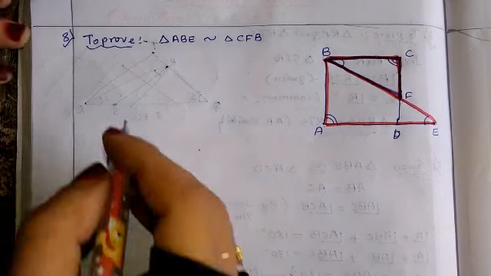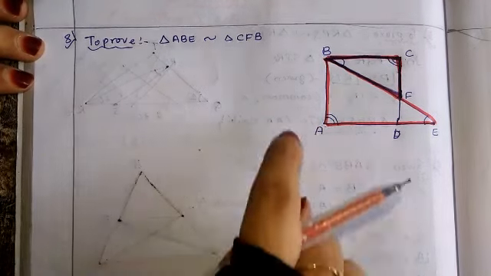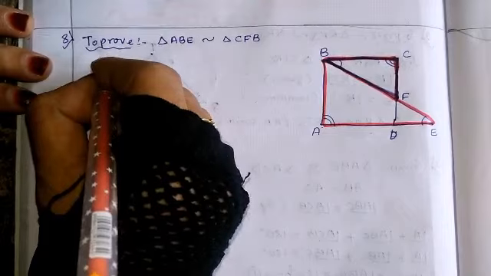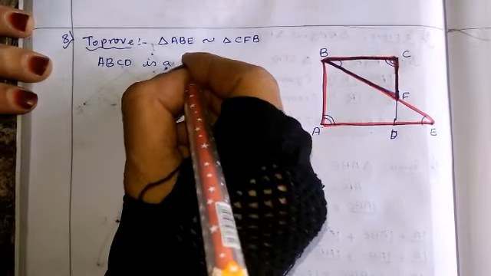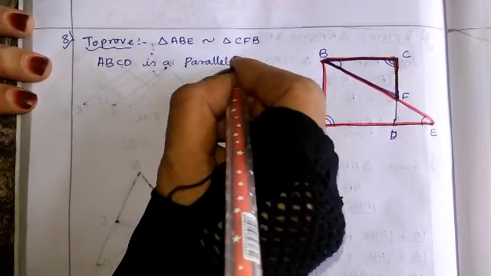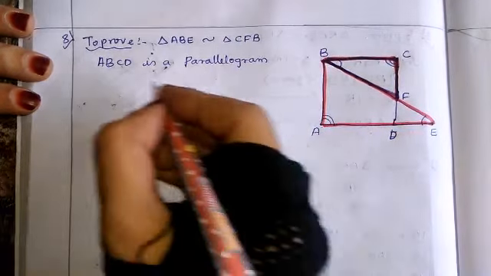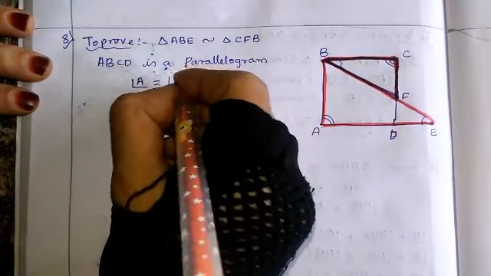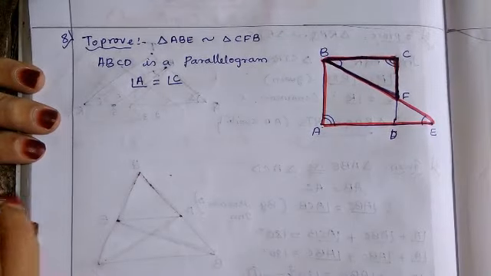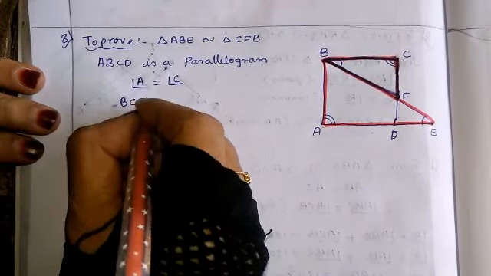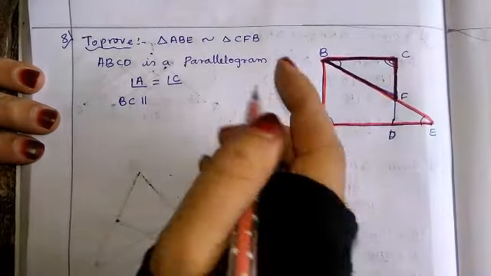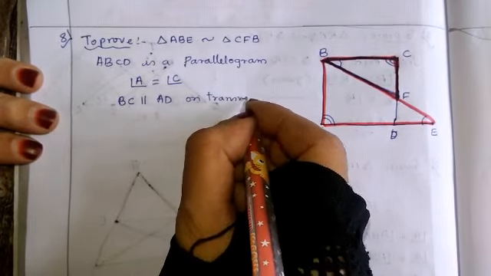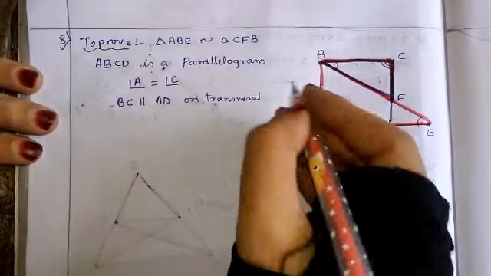In triangle, they have given ABCD is a parallelogram, and we know that in a parallelogram, opposite angles are equal. Angle A is equal to angle C. Okay. Now BC is parallel to AD on transversal BE.